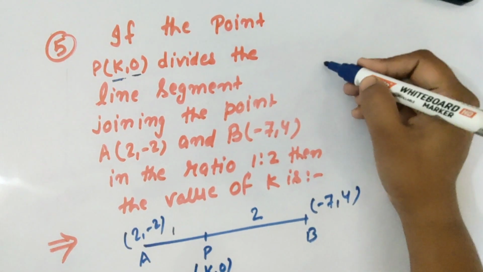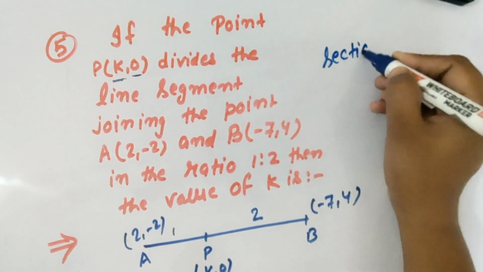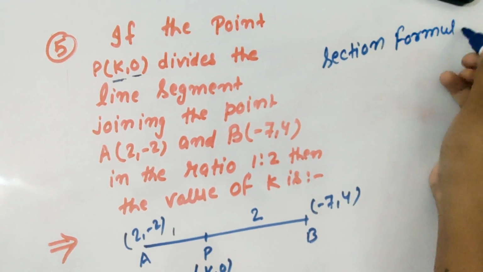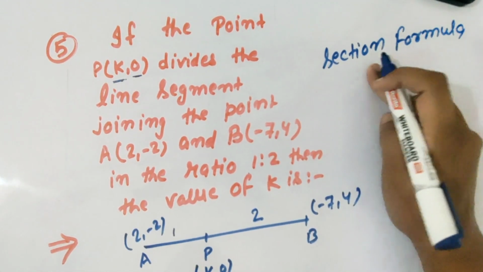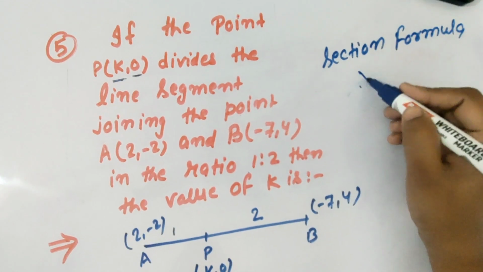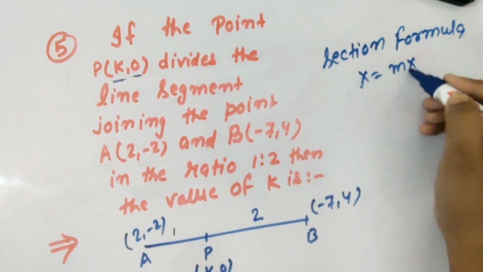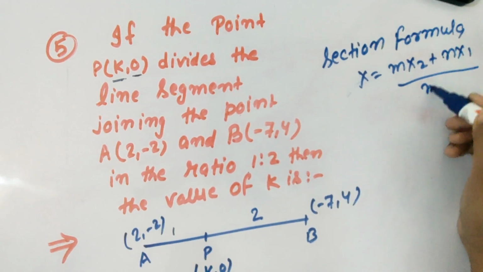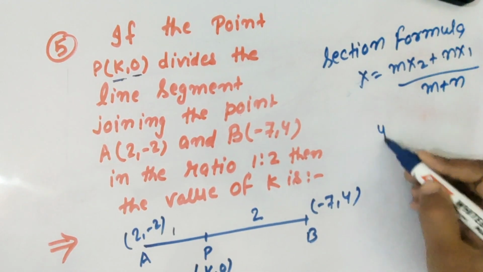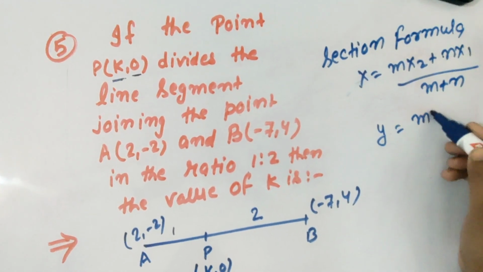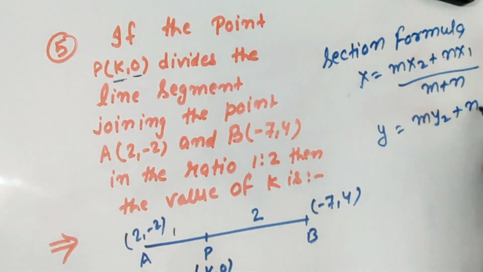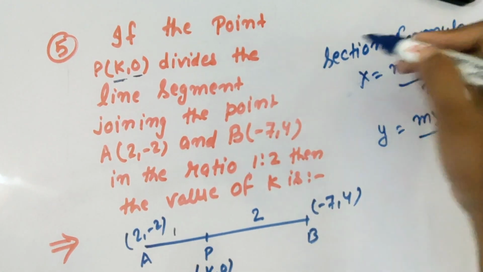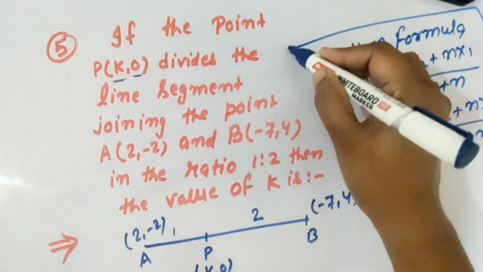I already taught you the section formula. If you write it more times, you will learn it by heart. The x coordinate is (m x2 + n x1)/(m + n) and the y coordinate is (m y2 + n y1)/(m + n).